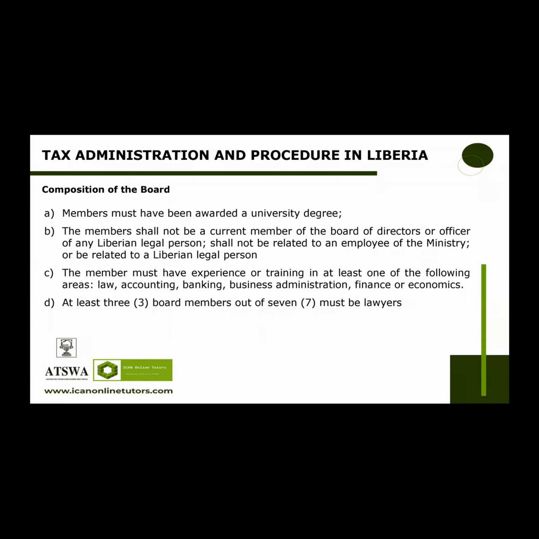Hearing of appeal: a person who objects to a determination by the minister with respect to any tax under the Revenue Code, including the amount of tax withheld in accordance with any withholding provisions of the code, or who objects to the seizure or confiscation of goods or accounts carried out in the tax collection process, may appeal to the Board of Tax Appeals for a review of the minister's determination.